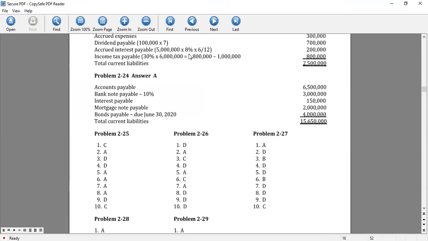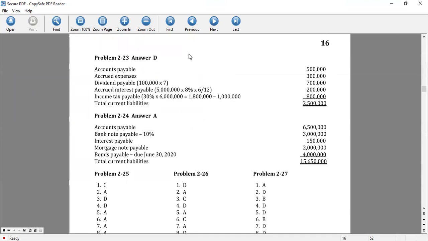So in 2-23, the answer is D for the total current liabilities. So we now get the answer to number 23 as D as in dog.